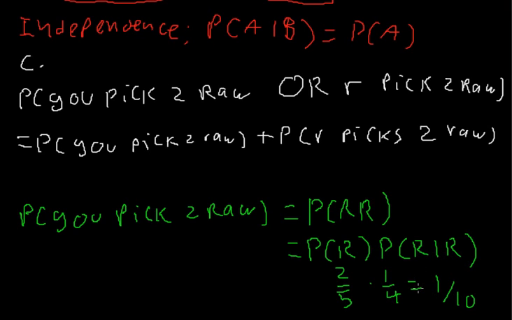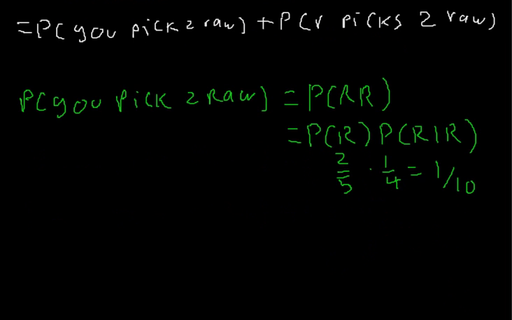Now to compute the probability that your roommate is the one who picks 2 raw eggs, well, we look at the probability that your roommate picks 2 raw eggs. Well, what do we know? This can only happen if I pick 2 cooked ones first.